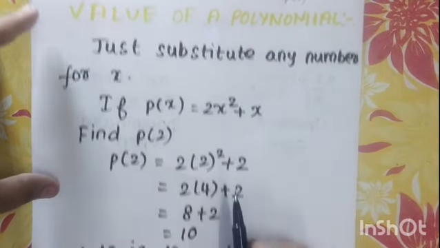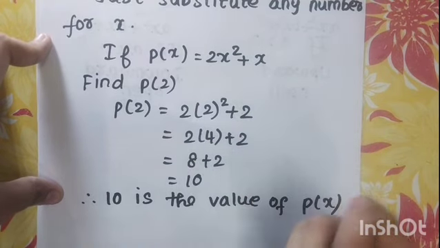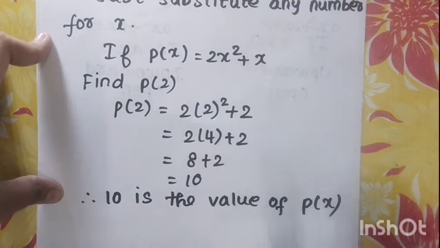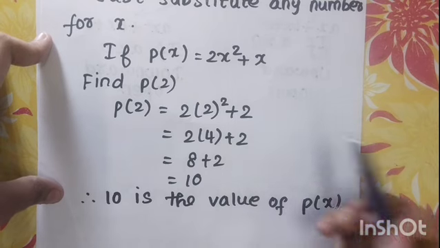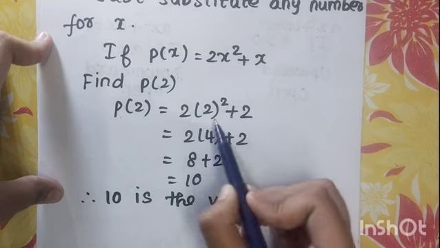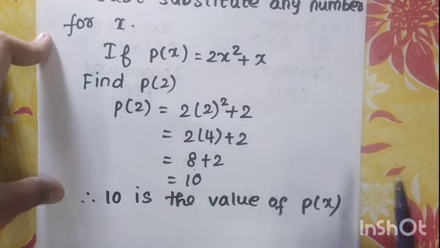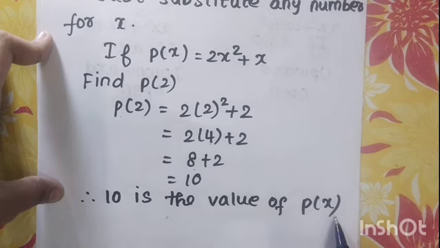If p of x is given, they're asking us to find p of 2, which is nothing but in the place of x we substitute the value 2. So p of 2 is equal to 2 into 2 square plus 2. 2 square is 4, 4 into 2 is 8, 8 plus 2 is 10. So 10 is the value of p of x.